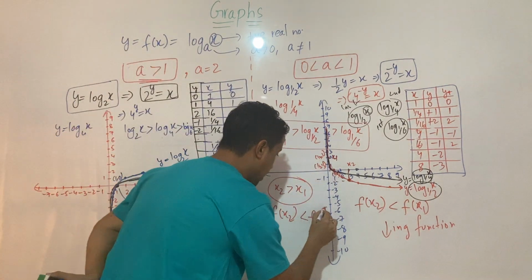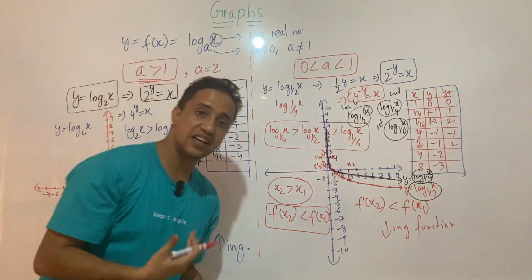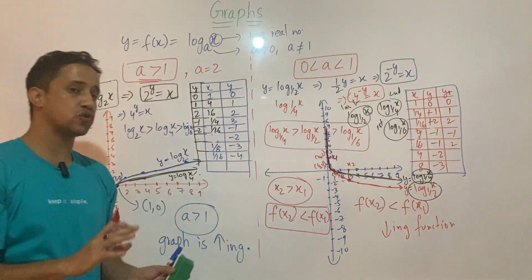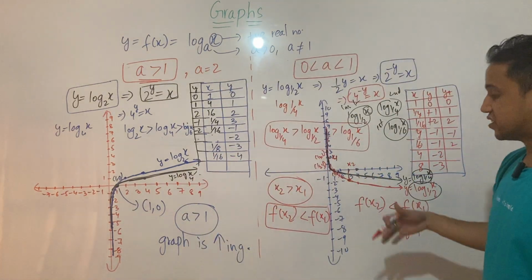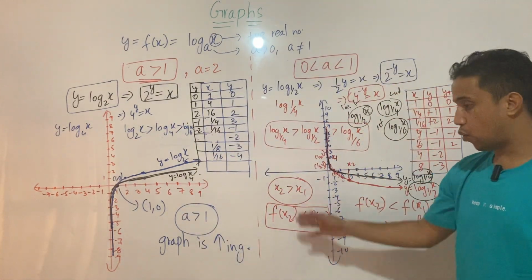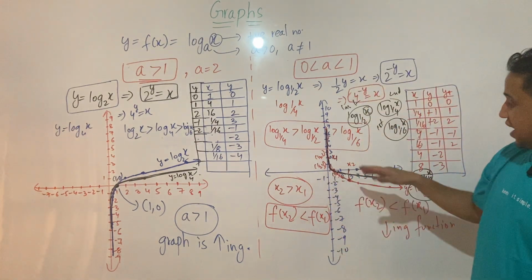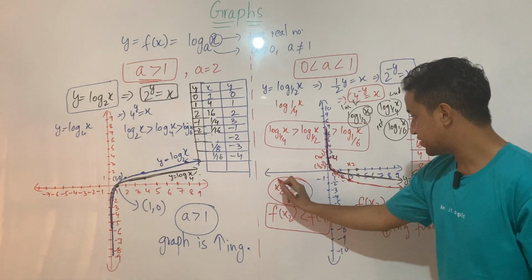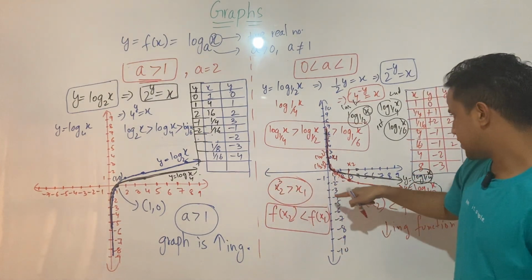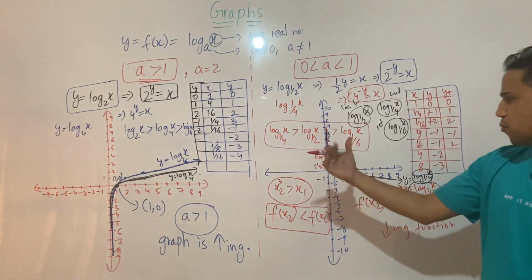Okay, so why? Because it is a decreasing function. In a decreasing function, the sign of the inequality gets reversed. Because x2, here the value of x2 is 3, right? And x1 is around 0 point something.